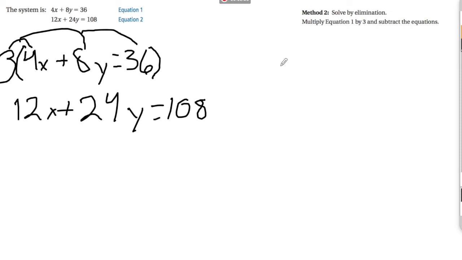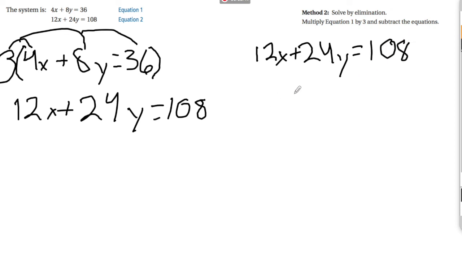After we multiply equation 1 by 3, we have to subtract the equations. So our new equation 1 goes up here: 12x plus 24y equals 108. And equation 2 is 12x plus 24y equals 108.